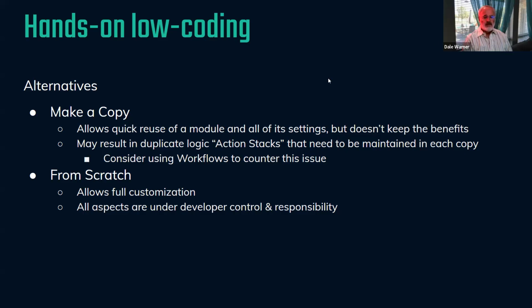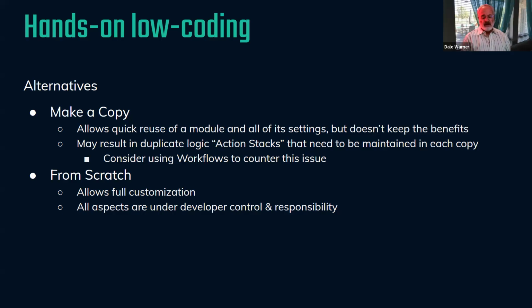If you do that, and that's what I'm saying about this duplicate logic thing, if you have a stack of actions, whether it's one thing or 10 actions deep, and you make a copy, now you have 10 actions in your original listing, 10 actions in your copied listing, and those two action stacks are now completely copied and different.